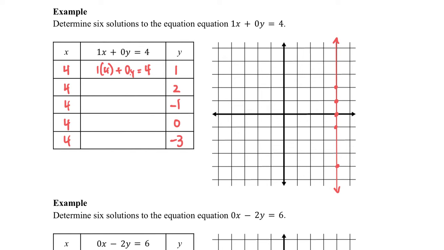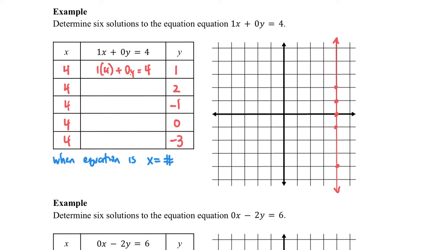Okay, so let's sum this up. When the equation is x equals some number, I'll just use the hashtag as representing some number. Now wait a minute, where did y go? Well, the coefficient of y is 0, which means I don't have to write it.